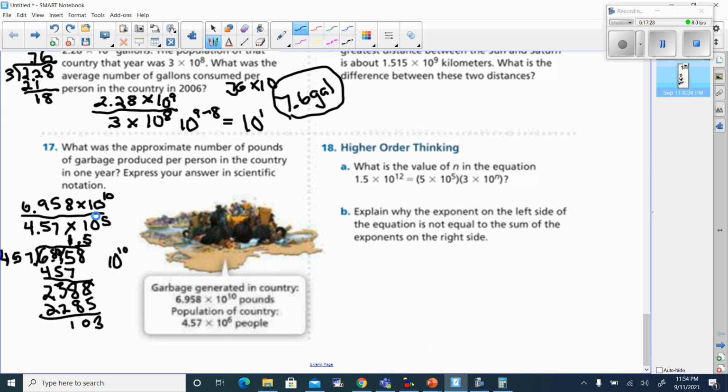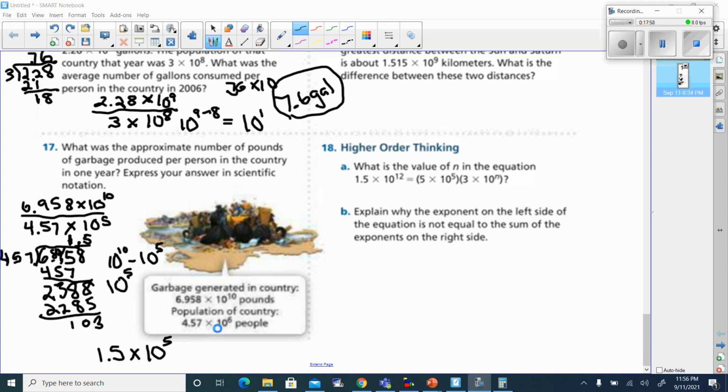And we're minusing 10 to the 5th power. This is going to be equal to 10 to the 5th power. So now we know that this approximately is 1.5 times 10 to the 5th power, right?